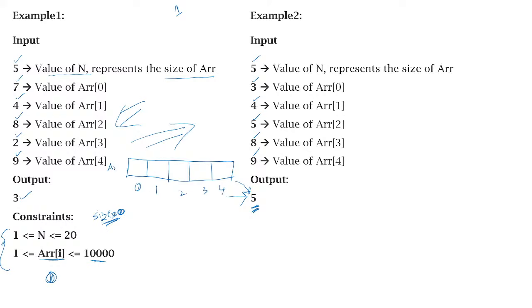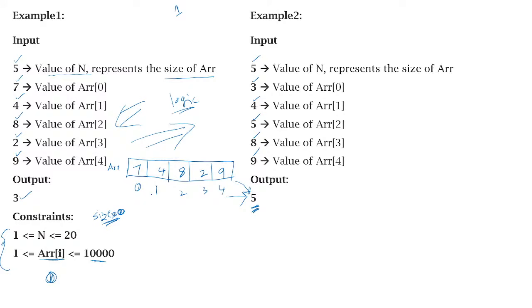So this is our array containing elements 7, 4, 8, 2, and 9. Right? So how do we find out that logic? You should develop some logic here. How should we find out that an element is greater than all of its previous elements?